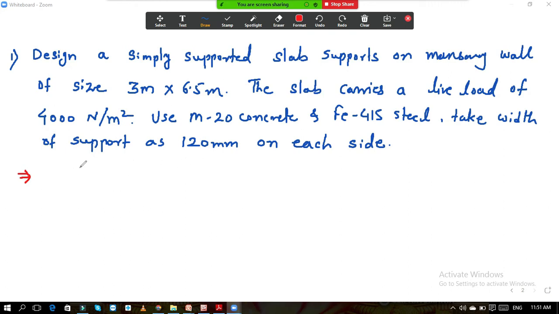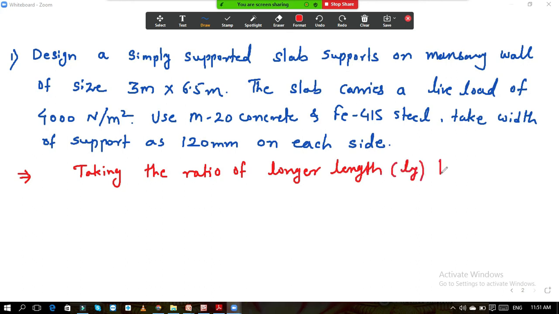So here you should write: taking the ratio of longer length, your longer length is always Ly, to the shorter length, that is Lx.